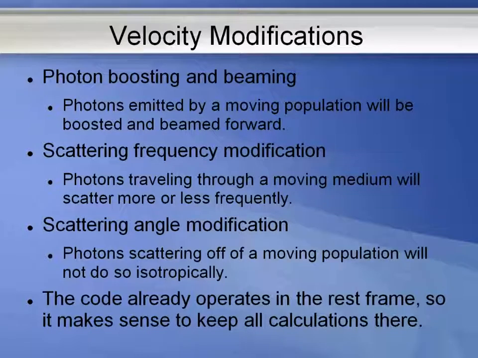That is, if we know that the population is mostly moving in one direction and a photon is coming in behind, it's mostly going to be hitting the electrons, kind of a tail-on collision. It won't have a great impact on the scattering angle, and vice versa for head-on situations. And as I've noted here at the bottom, the code in this case operates in the black hole rest frame. And so the way that I've considered this is by keeping all the calculations in the black hole rest frame.